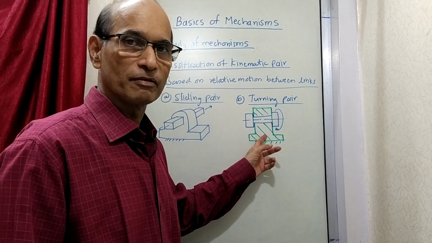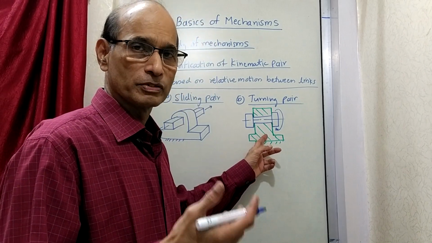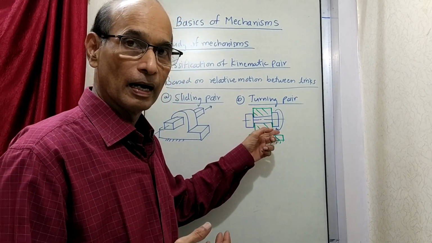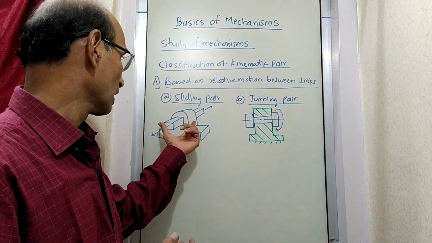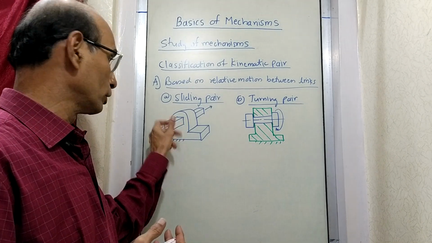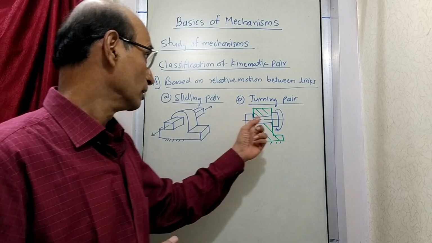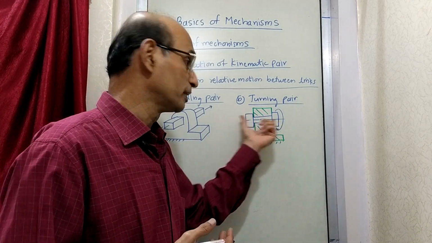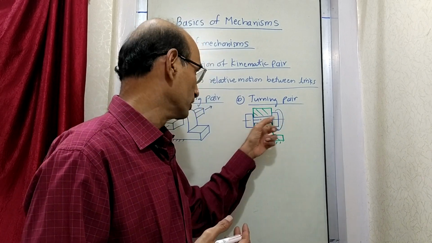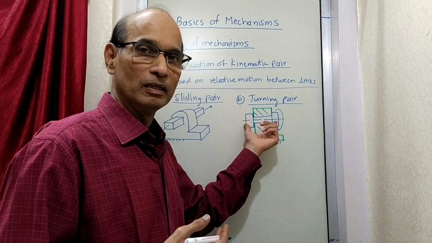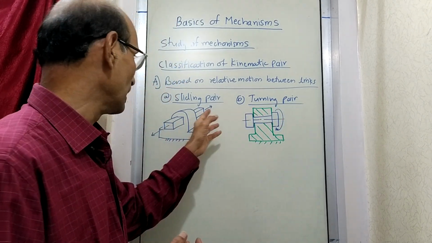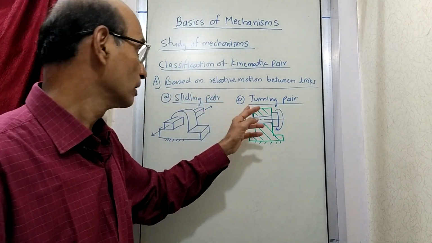One part is the body, the frame, the bearing, the pedestal, the bush, that is fixed. And the other part is like this, which is rotating. If you compare here and here, this is something similar, but the shape is non-circular. Because of that it cannot rotate. This cannot rotate but it can slide. Now this will rotate, but we have restricted the sliding action. So this will not slide because of the larger diameters on these two sides. Therefore, this particular pin will only rotate, it will not slide. So only rotation is called a turning pair, only sliding action is called a sliding pair.